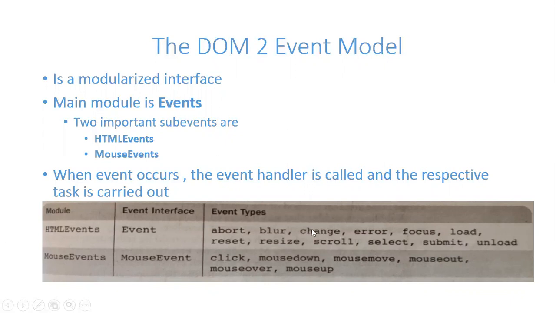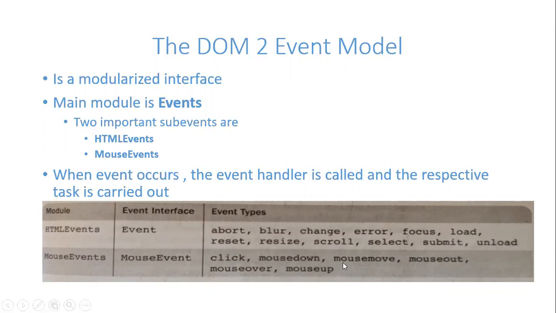In such cases, whenever these events occur, the respective event is caught by this particular HTML event interface, that is the event interface, and those come under the HTML event module.